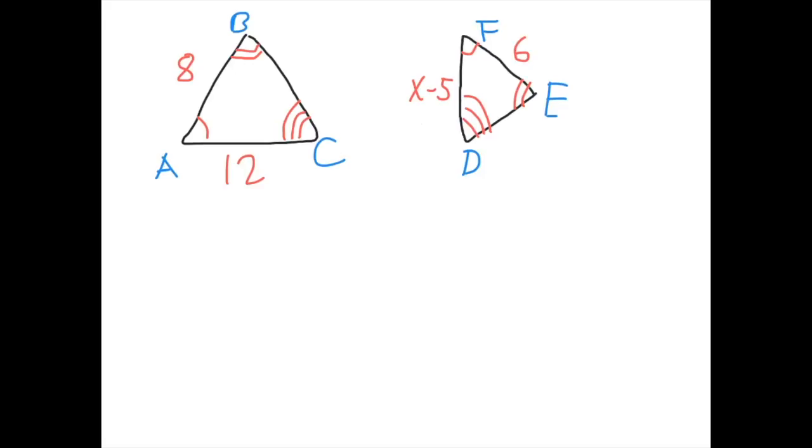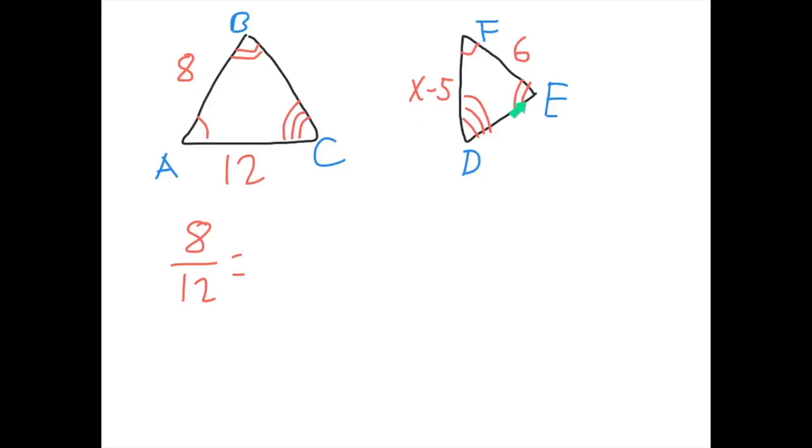So you set this up in a proportion. So we've got two sides over here, 8 and 12. So you say 8 over 12. And then we want that to look over here. So we want these to correspond to over here. So we have, notice this is, call it angle 1 and angle 2.